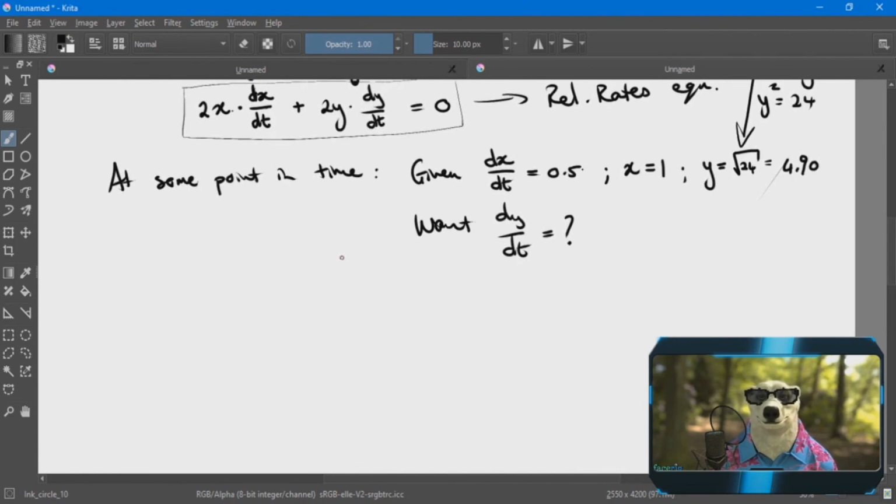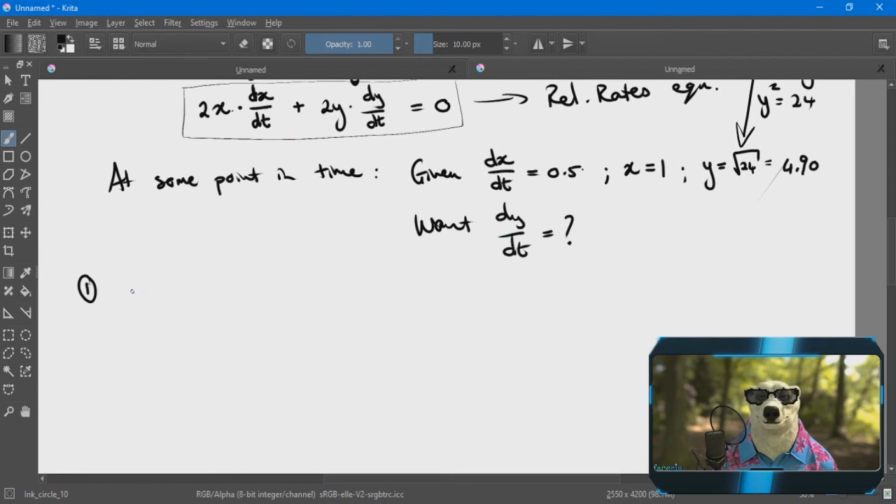This is where you have two options. One option is, and it's not a right or wrong, it's just a matter of preference, to solve for your unknown in the related rates equation first, which is dy/dt.